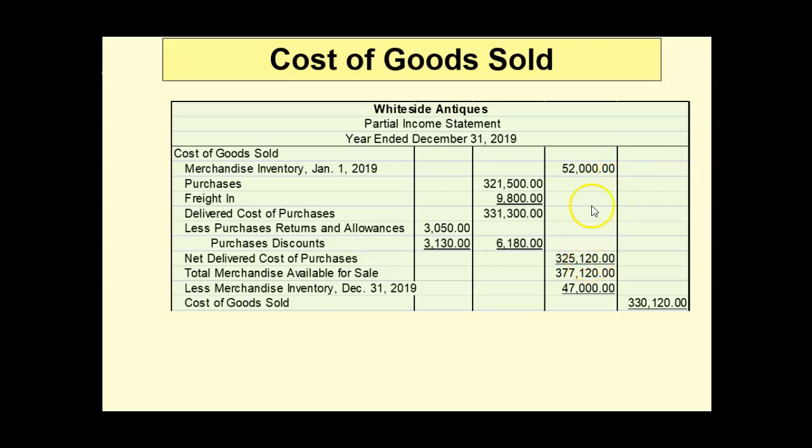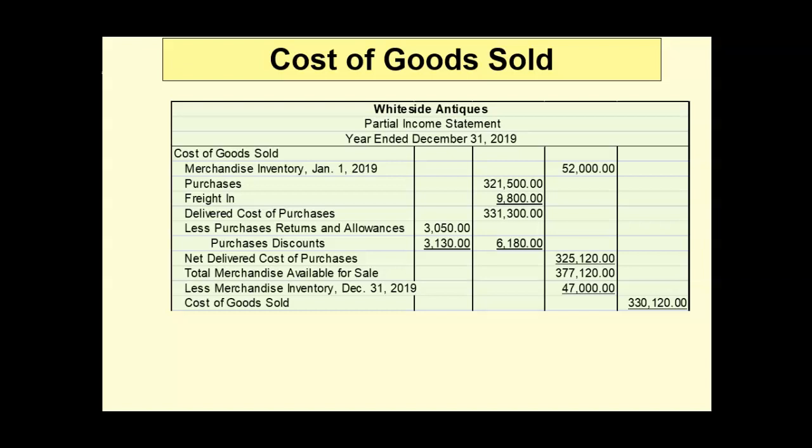So now add the beginning inventory plus your net delivered cost of purchases. When you add those two together, that's known as your total merchandise available for sale, which totaled $377,120.